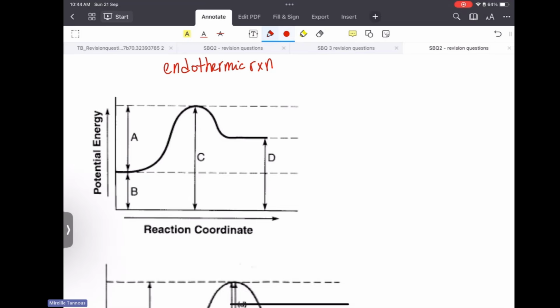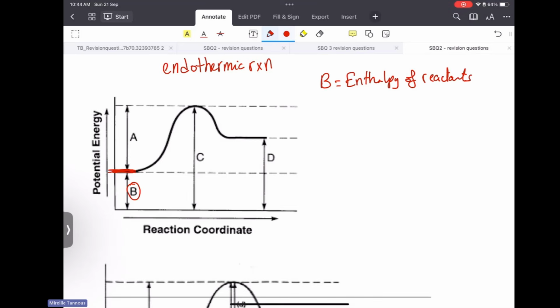Again, here's the enthalpy of reactants. So B is the enthalpy of reactants, in the forward direction. And D is the enthalpy of products, of course if I am talking in the forward direction.